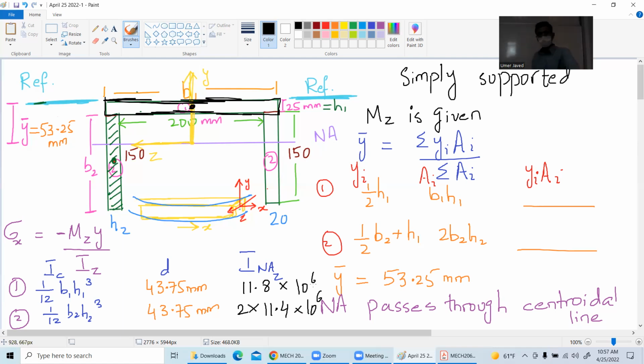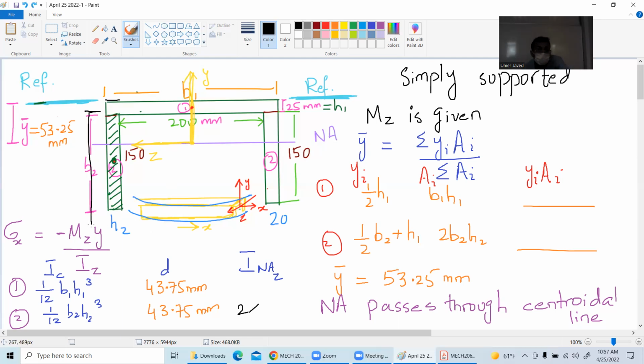While calculating the second one's moment of inertia, we said IC is B2 H2 cube. Which one is B2 and which one is H2? This is B2. This is H2. This is B1. This is H1. But while calculating the moment of inertia with respect to IZ, we need to do H times B2 cube, I guess.